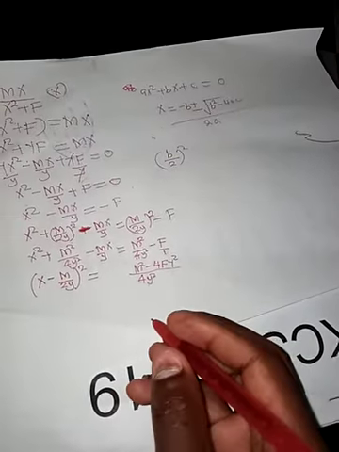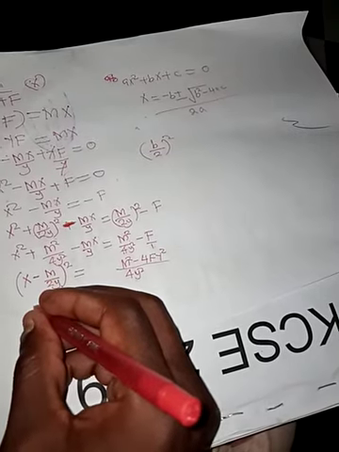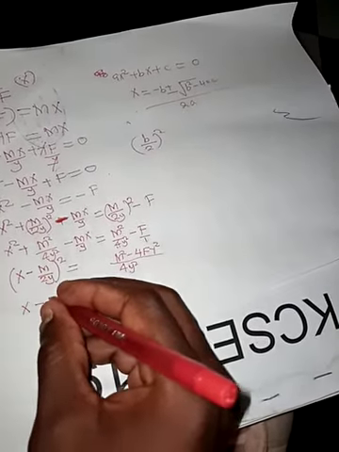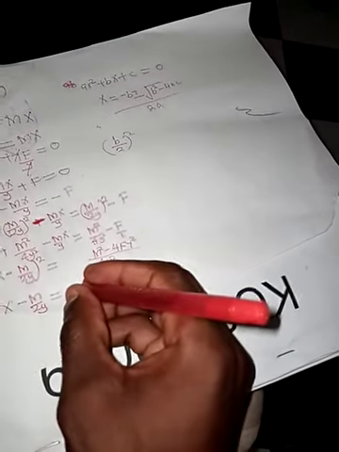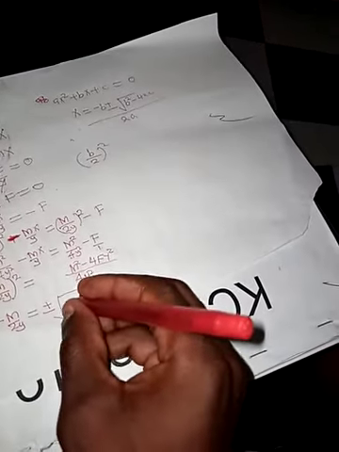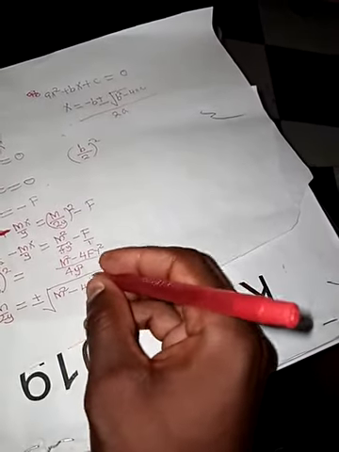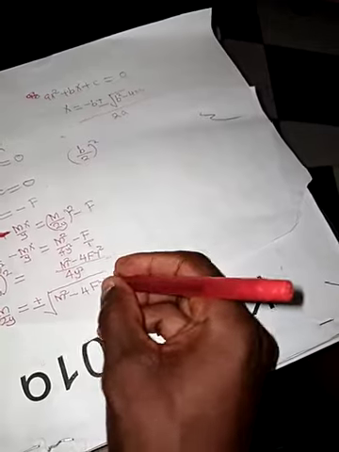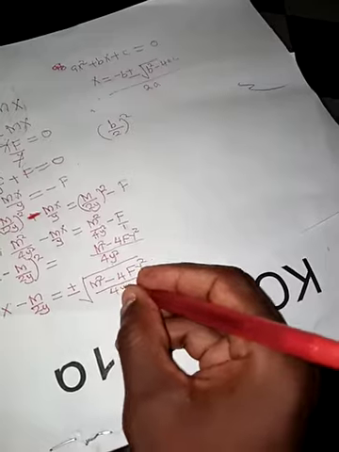So when we get the square root of that, we'll have x minus m over 2y is equal to positive or negative the square root of m squared minus 4fy squared over 4y squared.